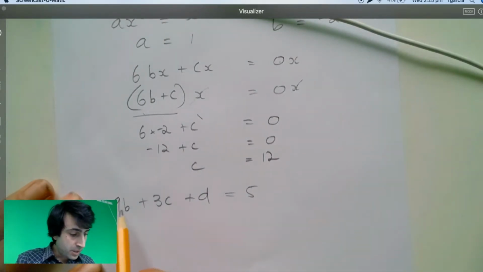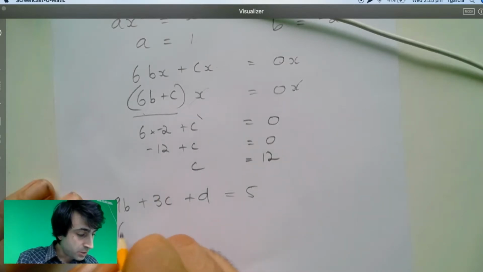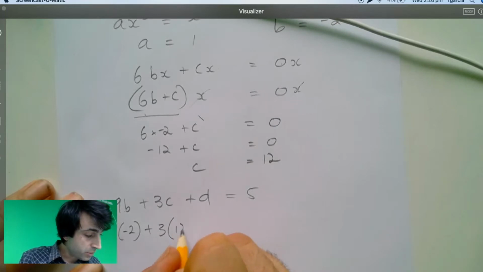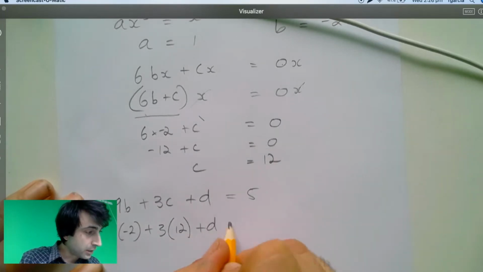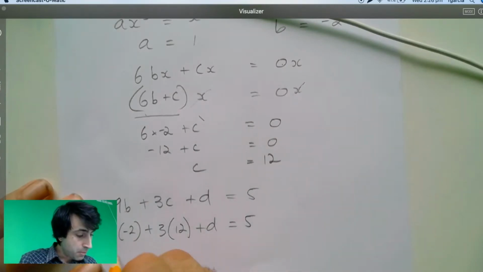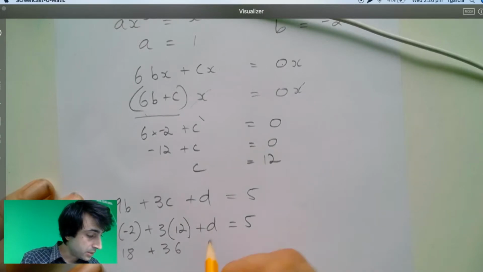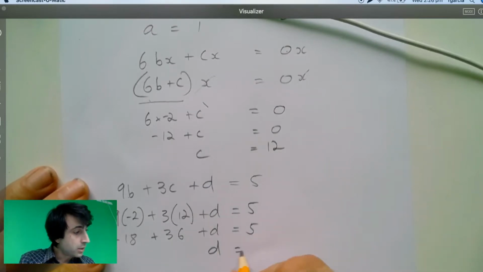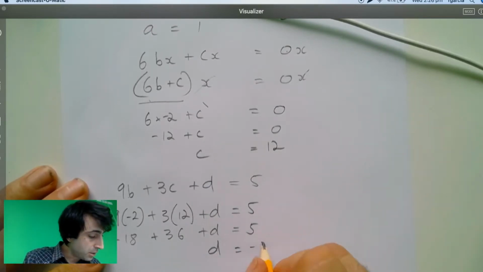And I also know what b is, so 9 times minus 2 plus 3 times 12 plus d equals 5. So minus 18 plus 36 plus d equals 5. Bada bing, bada boom, I know that d equals minus 13.